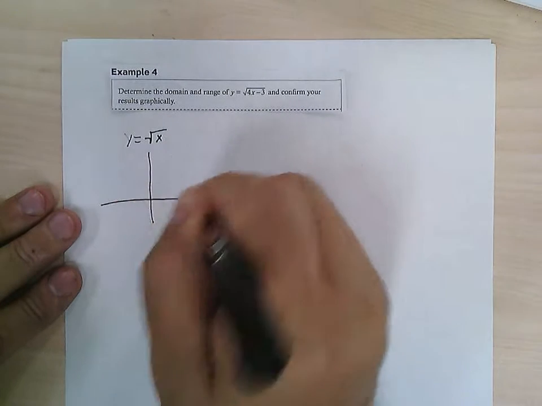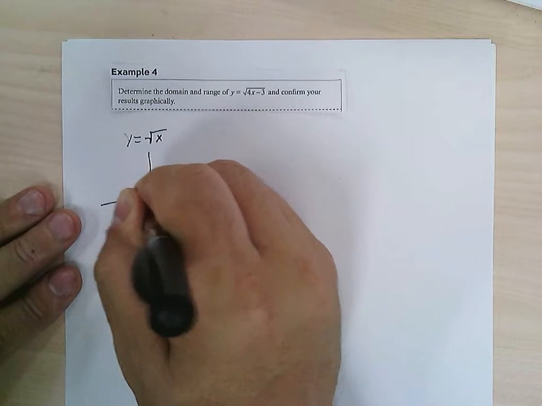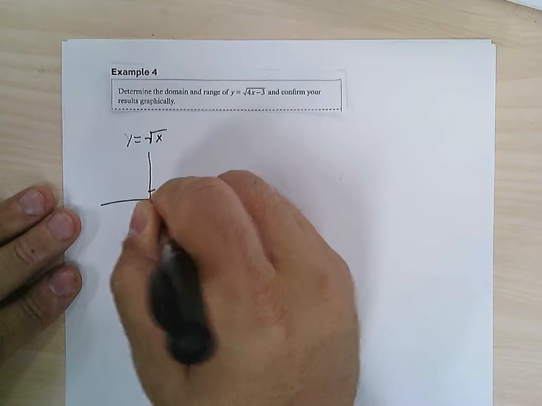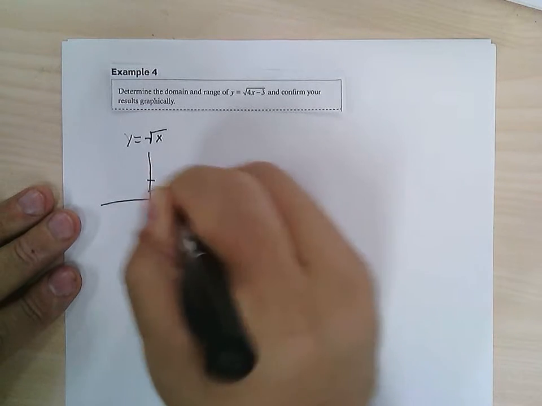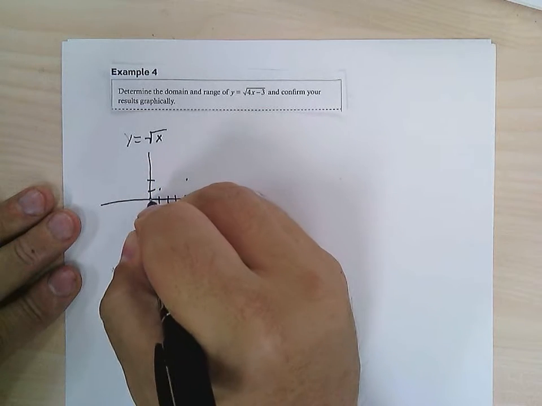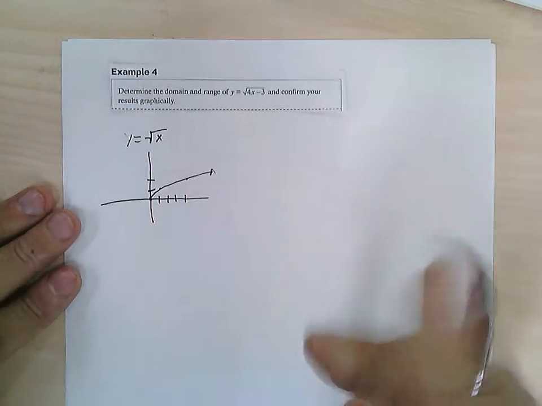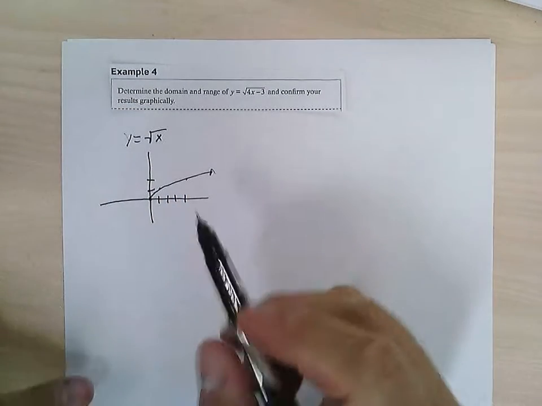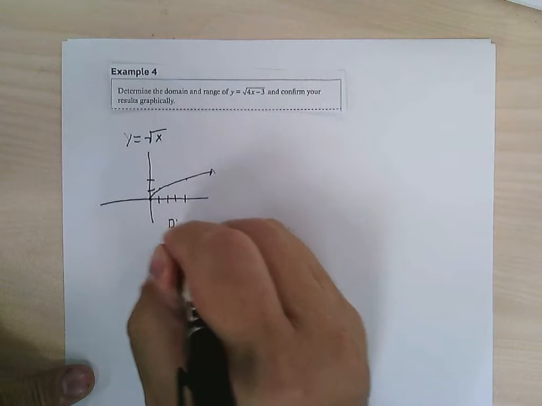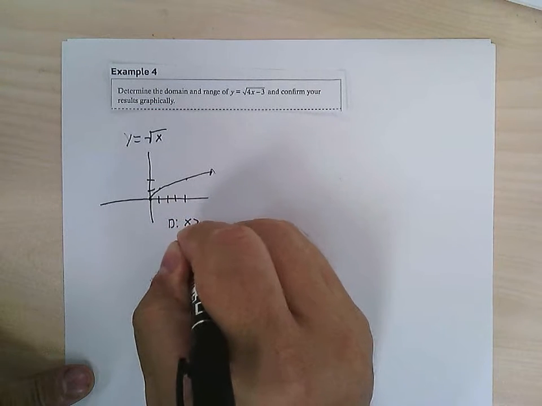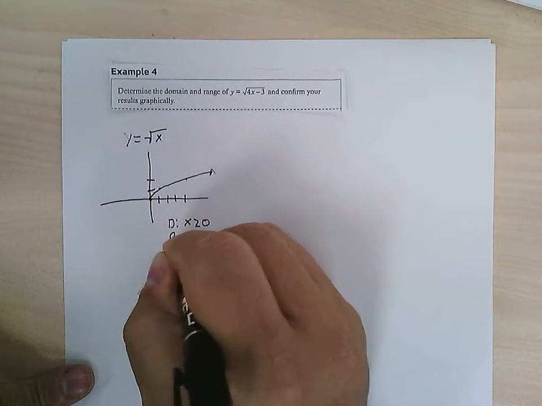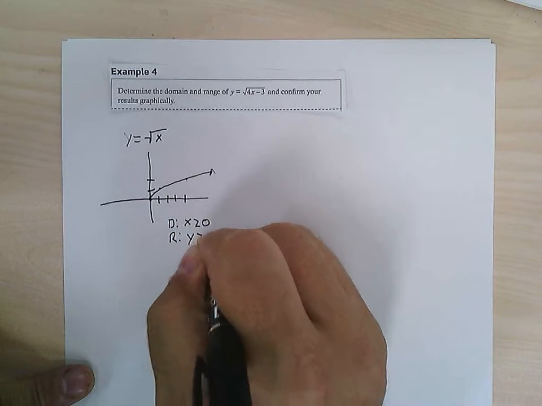We can't take the square root of negative numbers, but I know at 0 it's 0, at 1 it's 1, then I'd have to go over to 4 to get my next whole number. This should be review from algebra 2, but the domain in this situation is x is greater than or equal to 0, and the range is y is greater than or equal to 0.